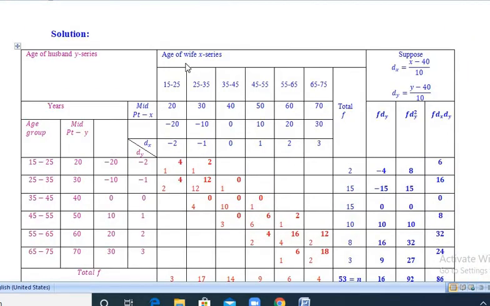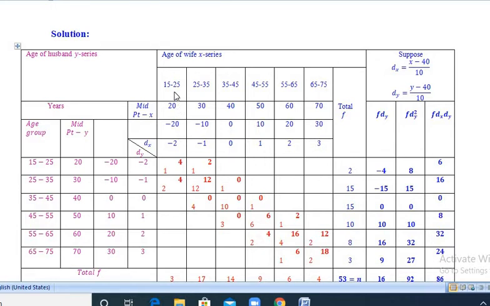Solution: the ages of wives and that of husband are distributed over the class intervals. Here the ages of wives is X series and that of ages of husband is Y series. Here over the intervals 15 to 25, 25 to 35, 35 to 45, 45 to 55, 55 to 65 and lastly 65 to 75, we need to compute the midpoint of these class intervals.